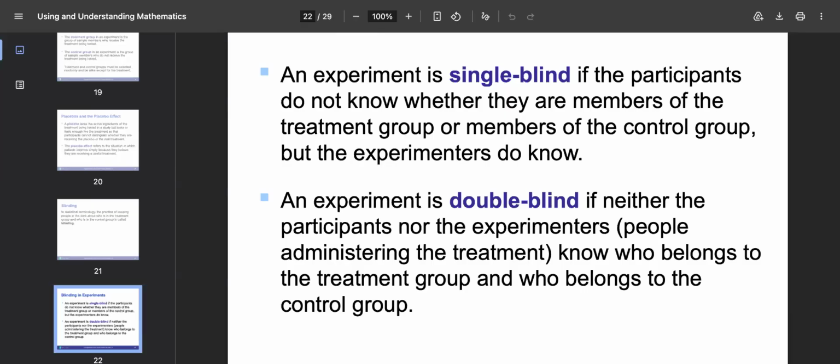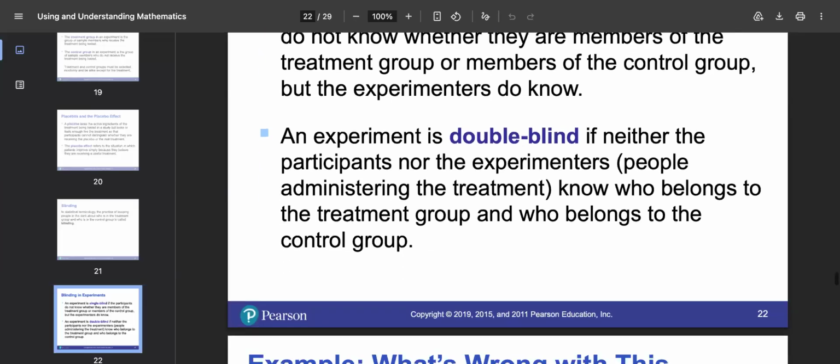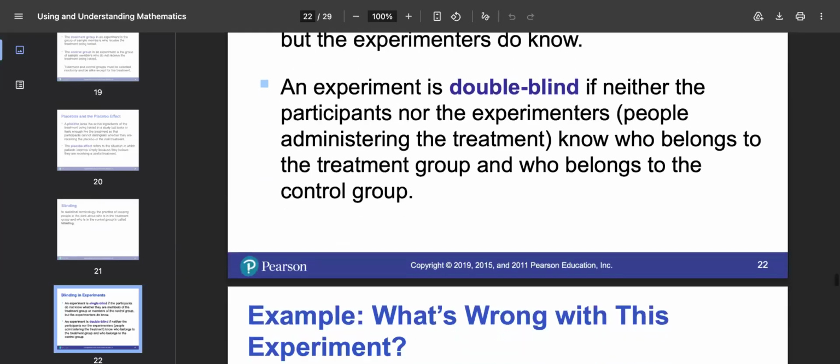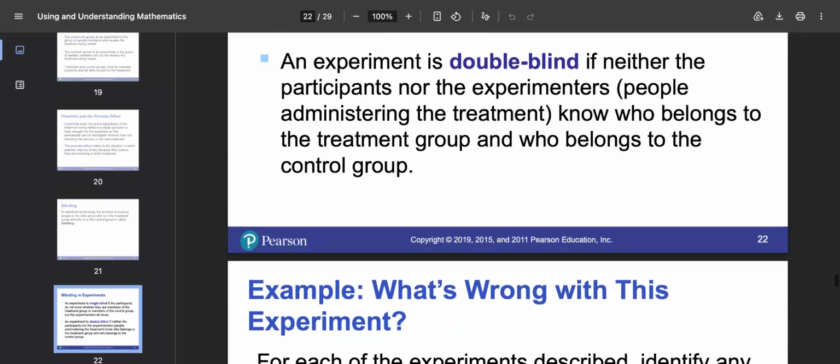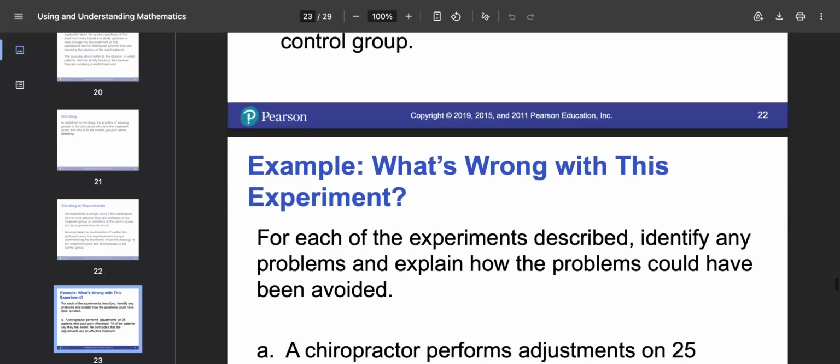Obviously, if you have a double blind study, somebody has to know, or people are listed on a computer ahead of time and given some kind of a rating, but nobody doing the actual experiment part of it knows, if that makes sense. Somebody has to know somewhere, but the people doing the experiment and the people participating in the experiment do not know if it's double blind.